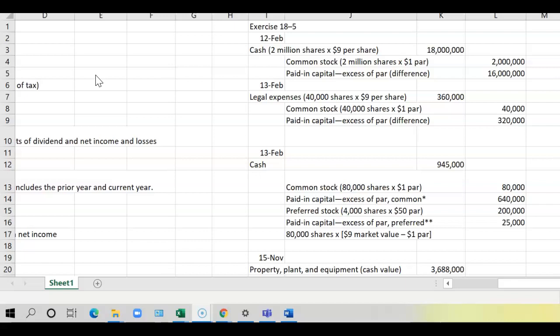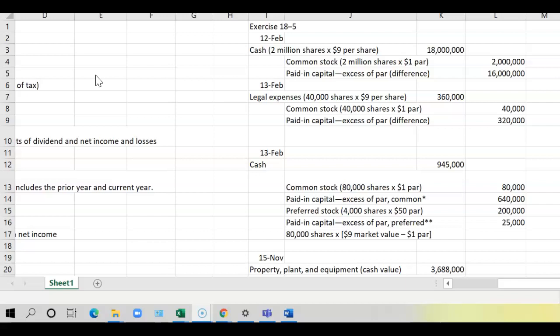On February 13th, issued 40,000 shares to attorney in exchange for legal services. Well, how are we going to value the legal services? Well, since the day before the actual price per share was $9, the legal expense would be 40,000 times $9 for $360,000, excuse me.